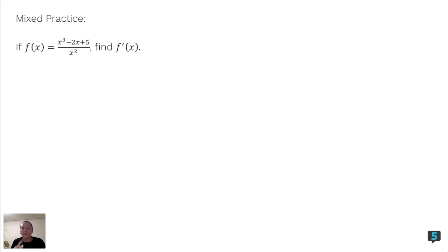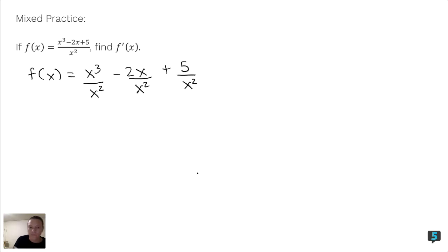Yeah, so watch what I'm going to do here. I can rewrite f of x as x cubed over x squared minus 2x over x squared plus 5 over x squared, okay? This is what I refer to as splitting the fraction. Now, each of these terms is going to simplify, and I'm going to find that I actually just have three quick derivatives here.